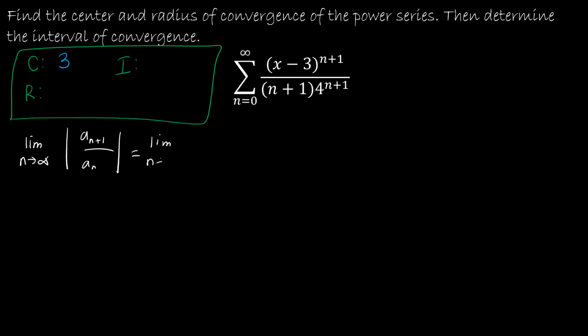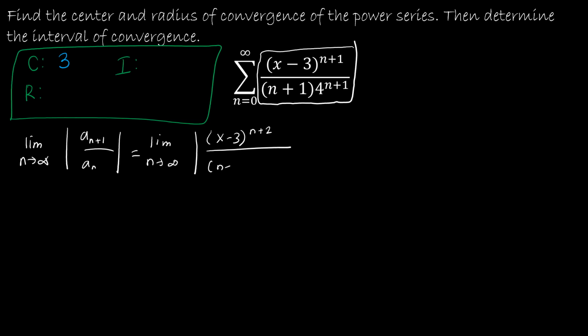So I have the limit as n approaches infinity of, I'm going to take everything here, and every time I see an n, I'm just going to add 1 to the value. So this is x minus 3 to the n plus 1, or n plus 2, divided by n plus 1, which is n plus 2, and then 4 to the n plus 1, or 4 to the n plus 2.